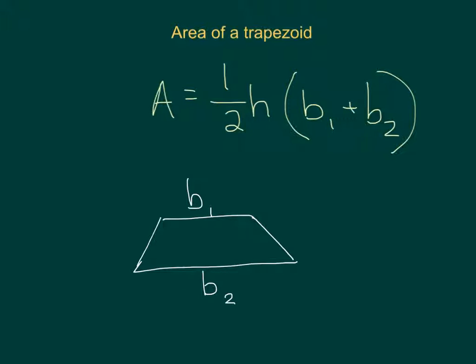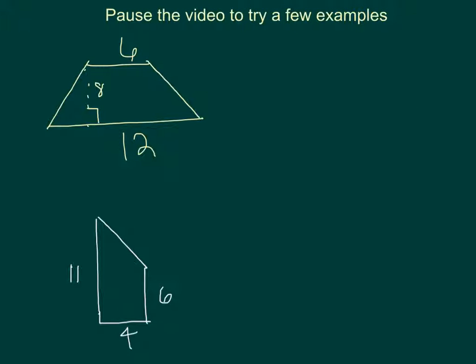It doesn't really matter which is which. And then you have the height over here. So you would take half of the height and multiply it by the sum of the bases. Pause the video to try a few examples.